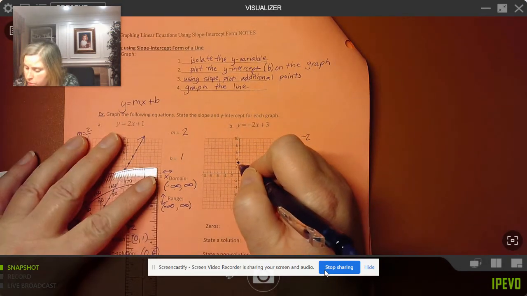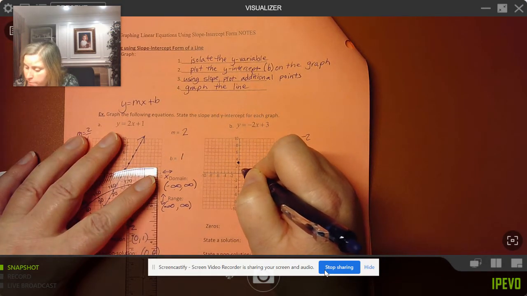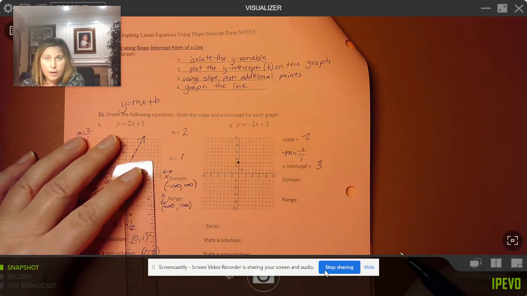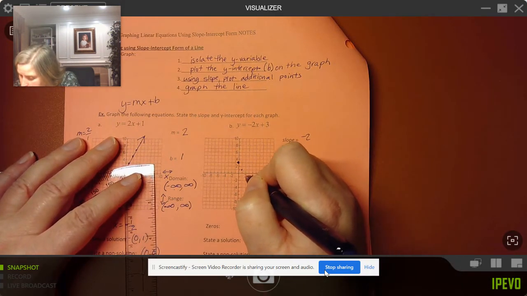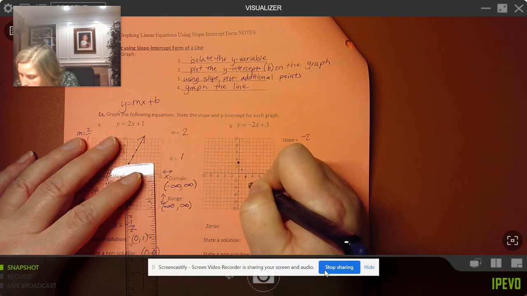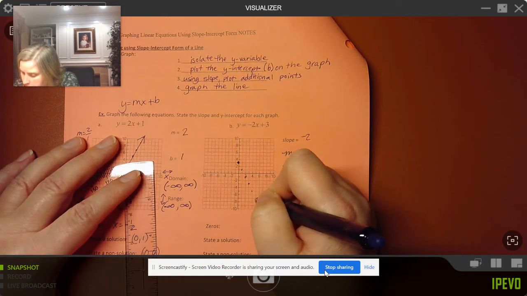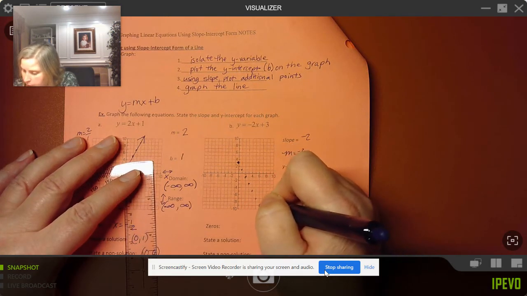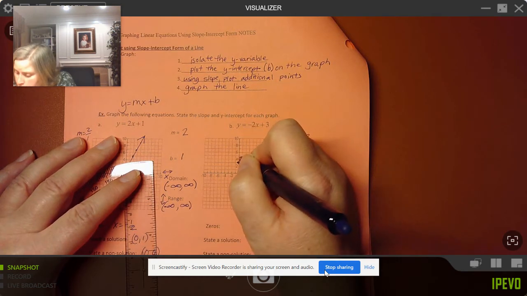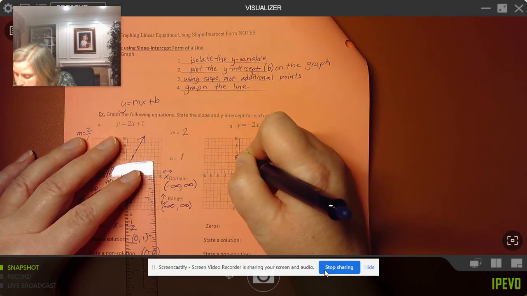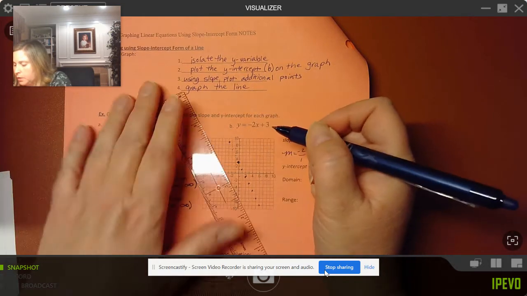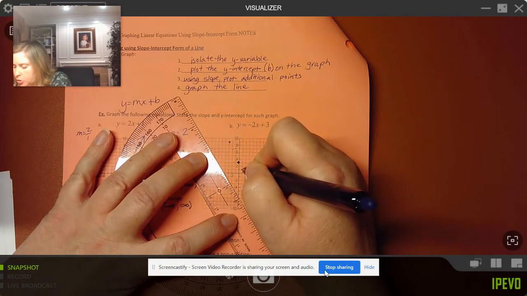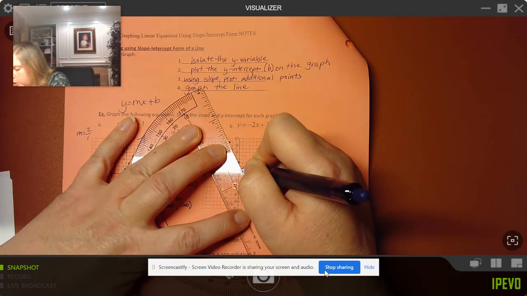So from my starting point, which is the y-intercept, down 2, right 1, and then I can also go up 2, left 1, because as long as I have a negative slope, I can go in either direction.